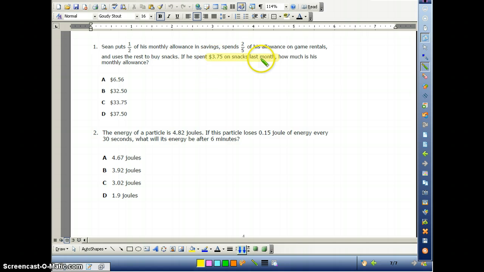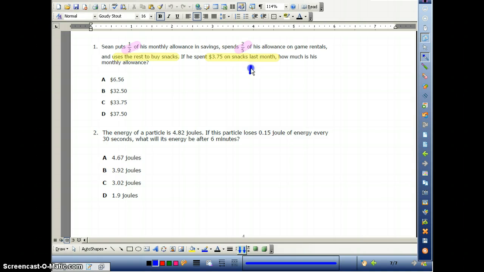Okay, he spent that much on snacks, and what fractional piece of his allowance did he use to buy snacks? Yeah, the rest. So let's take 1 whole and subtract off that fractional amount. The fractional amount that's left is what he used to spend on snacks.